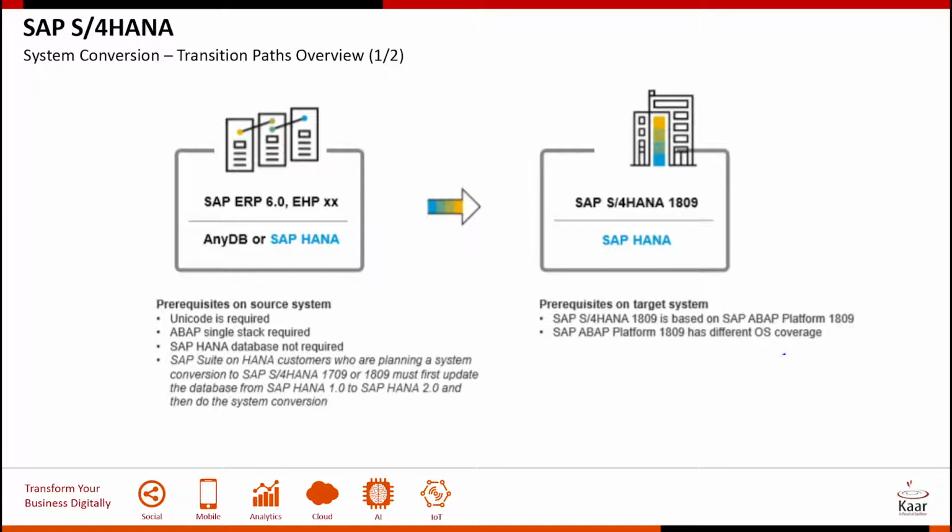So if you've been using a dual stack of both ABAP and Java, we suggest that ahead of moving into S4, you convert that to a single stack and move the functionality that you've been using on the Java stack to any other system. And this is a prerequisite to move into 1809. And once you are on 1809, you are on HANA, and the operating system would be any flavor of Linux.